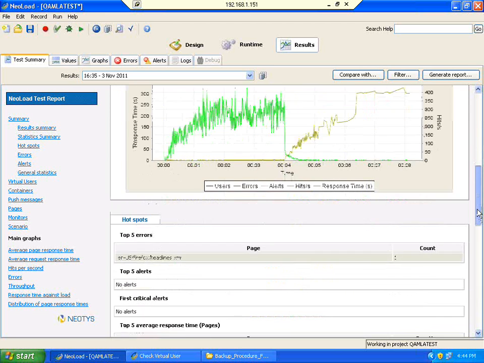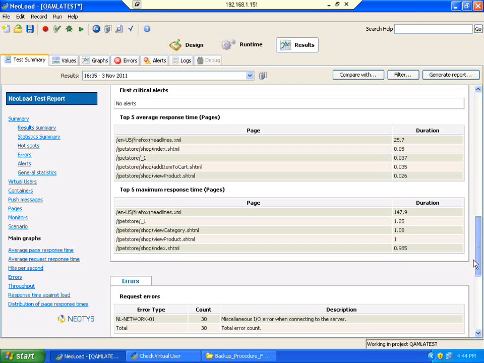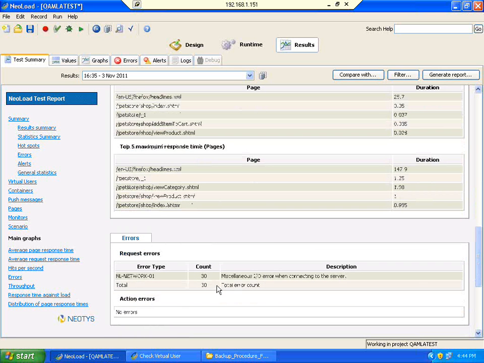If you come down into the same thing, there is an error. Network error, miscellaneous I/O error when connecting to the server, right? Somewhere the users are not able to connect to the system, to the server.